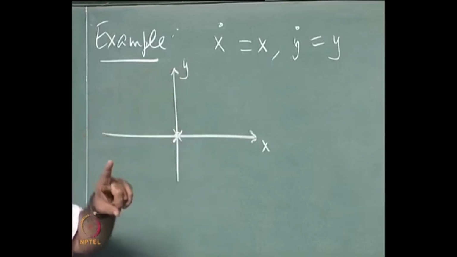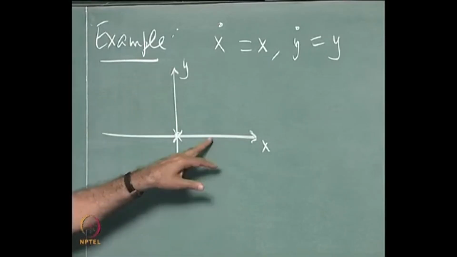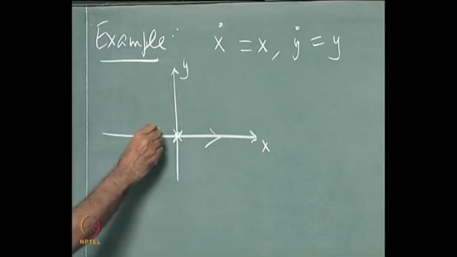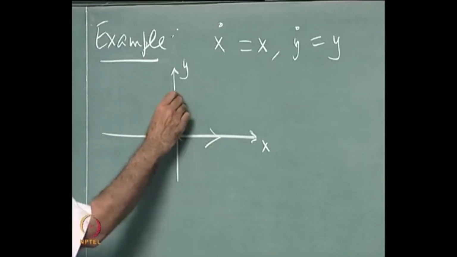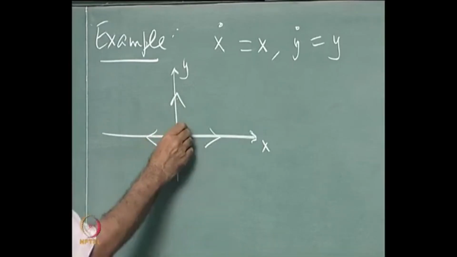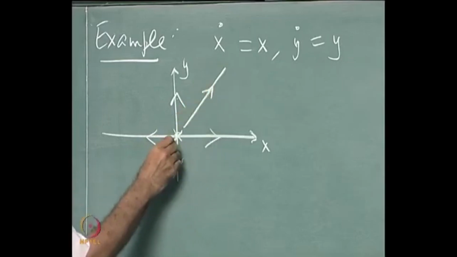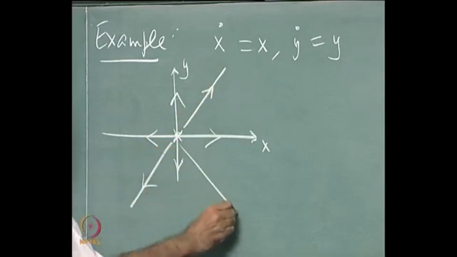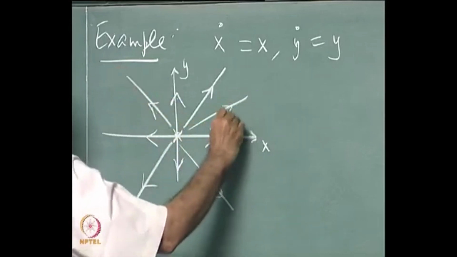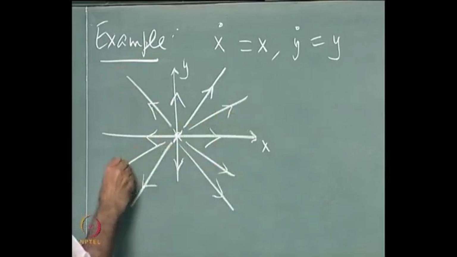If I started with y equal to 0 at any point on the x axis, I flow outwards. If I start anywhere here, I flow outwards, anywhere here I flow outwards, and anywhere here flows outwards. If I start at any point here, it is clear you are going to flow away in this fashion. So the phase portrait in this case is exceedingly simple, and it is just a set of lines flowing out in all directions.